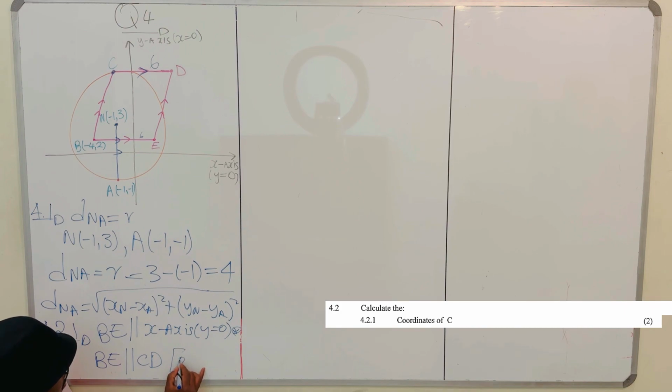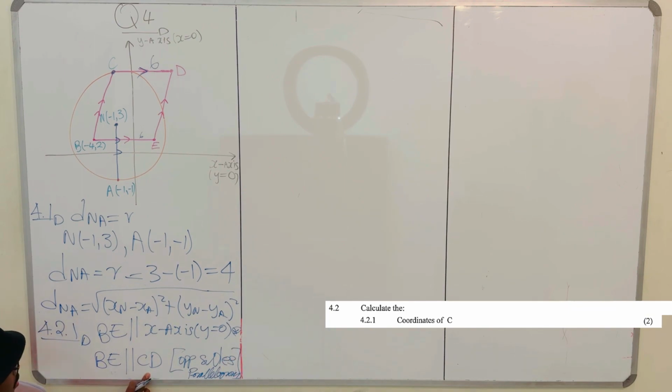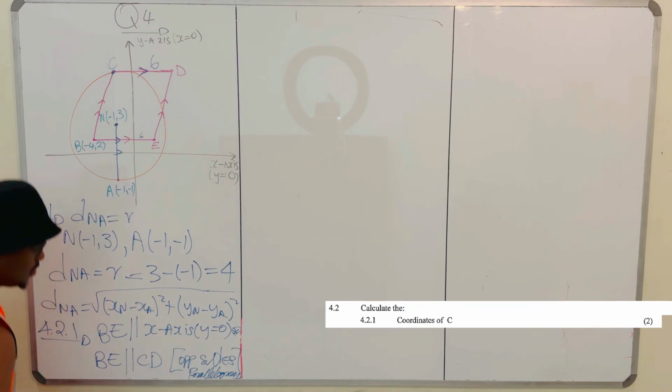These are opposite sides of your parallelogram. So this is parallel to that. So your BE is parallel to the x-axis and your BE is also parallel to CD. That means CD is also parallel to the x-axis.